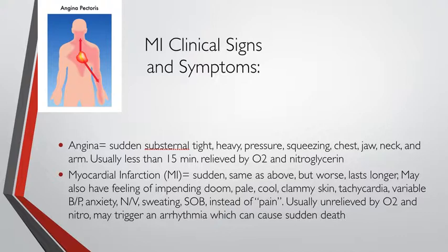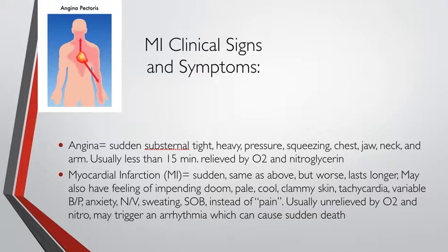They could be pale, have cool, clammy skin. Their heart rate could be high. Their BP could be high, it could be low. They could seem very anxious. They could have some GI distress. They could be diaphoretic. They could have shortness of breath. So we want to assess for all the symptoms, not just the classic ones.